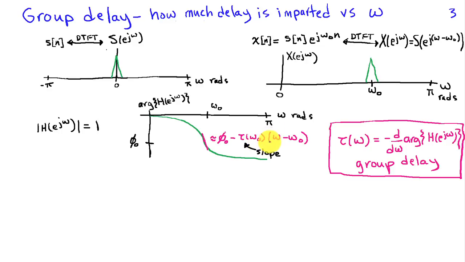Then if we multiply that slope by omega minus omega naught, we've got a description for the local phase here. And this slope parameter, tau, viewed more generally as a function of omega, is called the group delay. It is the negative of the derivative with respect to frequency of the unwrapped phase of H of e to the j omega. So let's see why we call this a group delay.